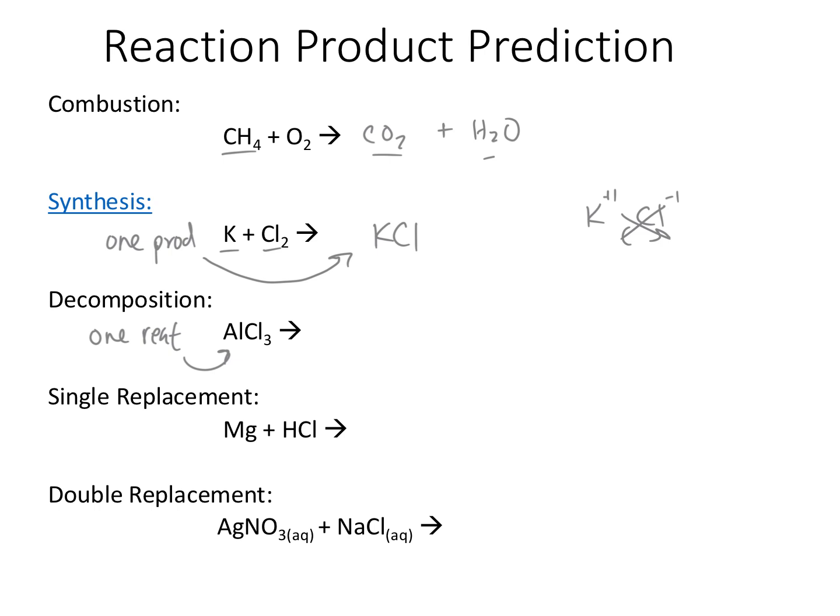So if I'm asking you to predict the products for a decomposition process, unless I give you additional information, you're going to assume that it's going to break down into its elemental pieces. So aluminum is going to hang out by itself, while chlorine, in its elemental form, is diatomic because it's one of the 7 diatomics. Notice we start with one reactant, we end up with multiple simple products. So you have your progression there.